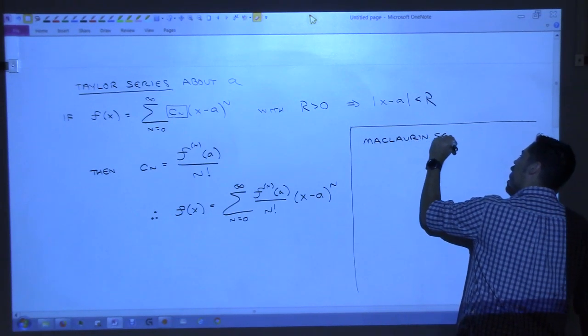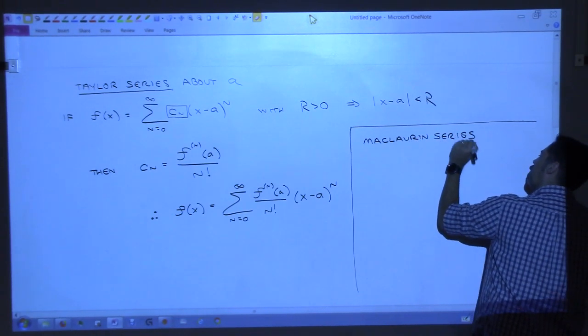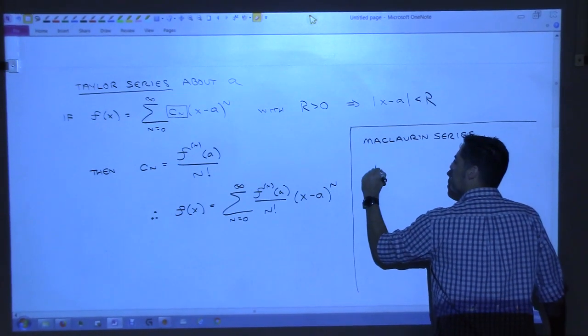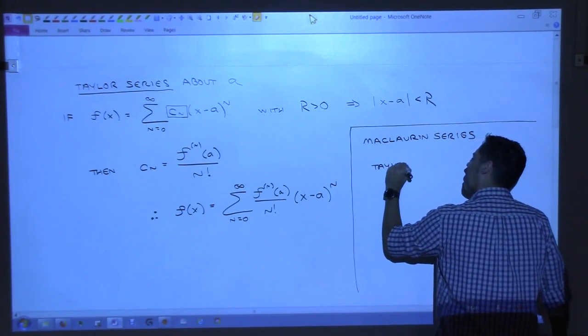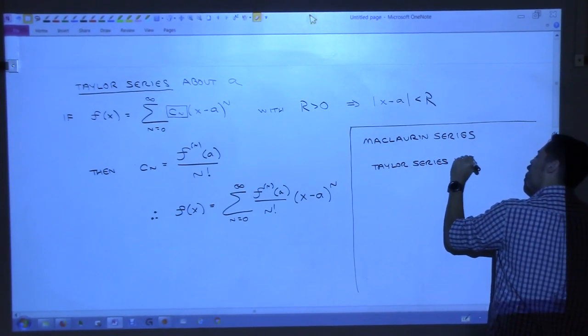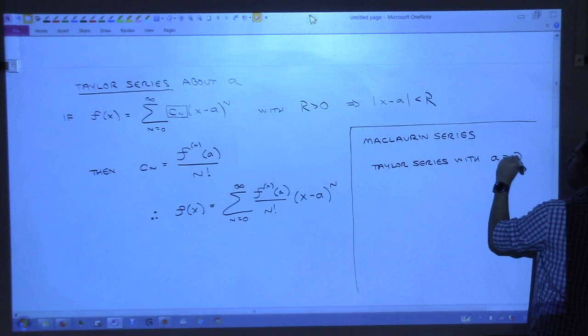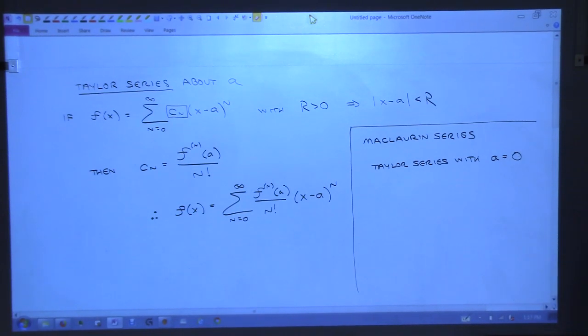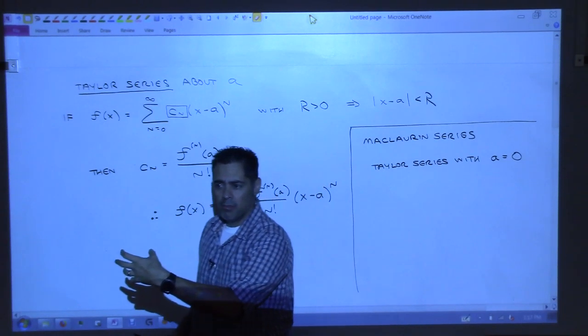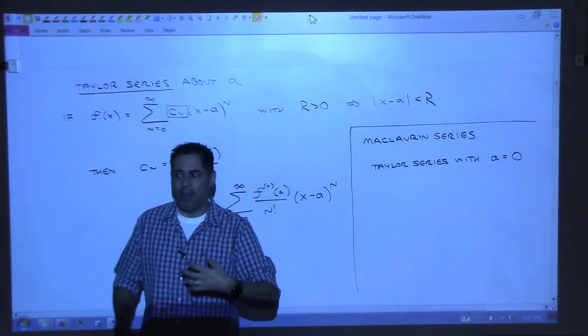Now, the Maclaurin series, we don't want to overcomplicate this. All a Maclaurin series is, is a Taylor series with a equals 0. Have y'all ever heard that every square is a rectangle? A square is a rectangle, right?